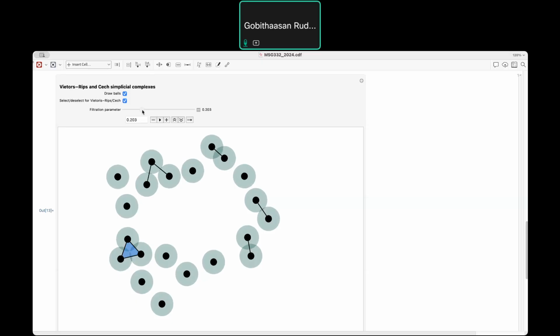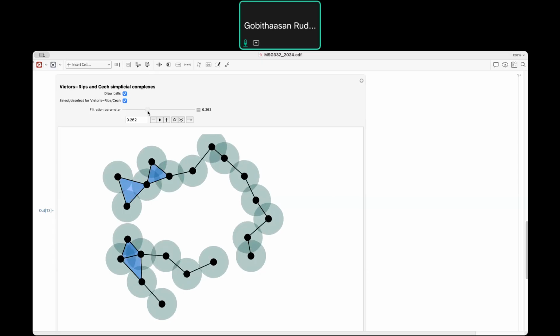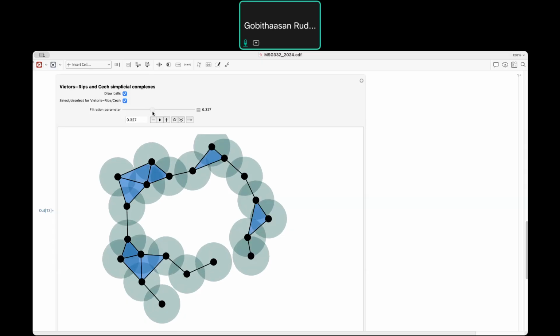We can keep increasing the radius and keep building the complex and keep track of the changes of H0, which represents connected components, and H1, which represents one-dimensional holes.